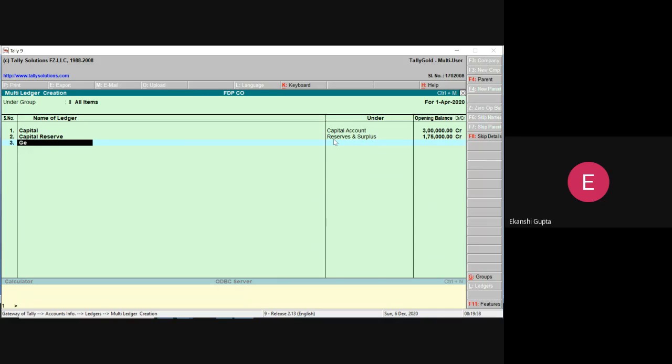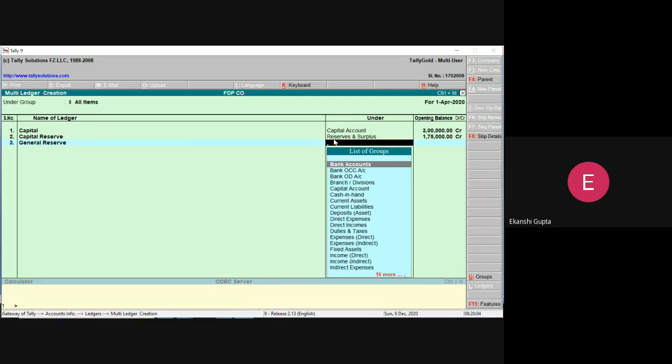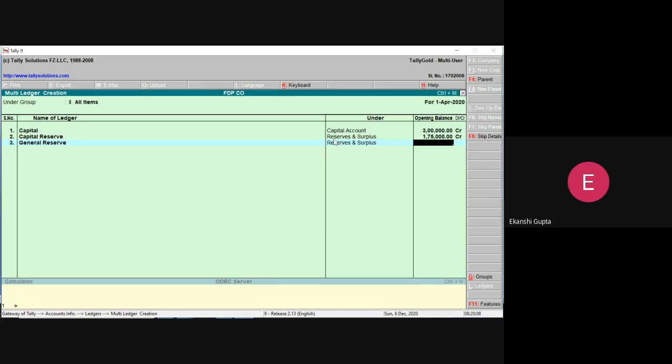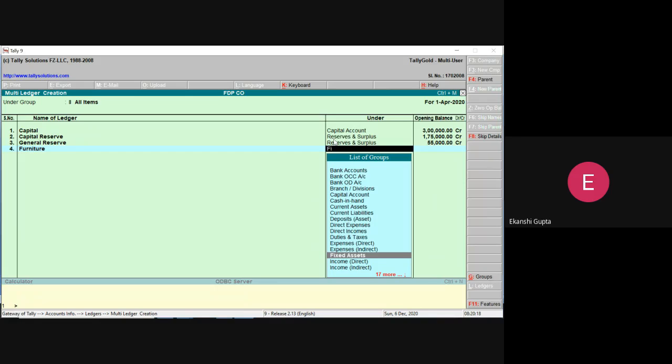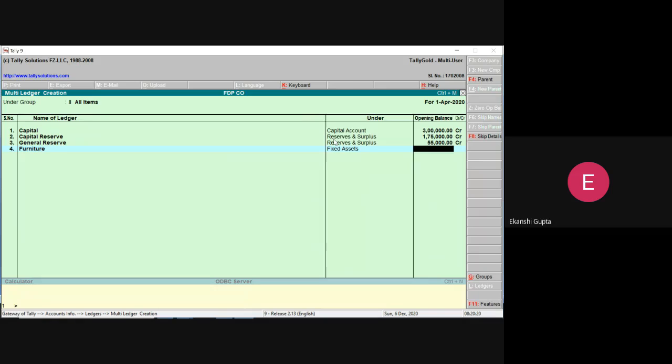General reserve, again under the head of reserve and surplus with the amount 55,000. Furniture is a fixed asset and the amount is 75,000.